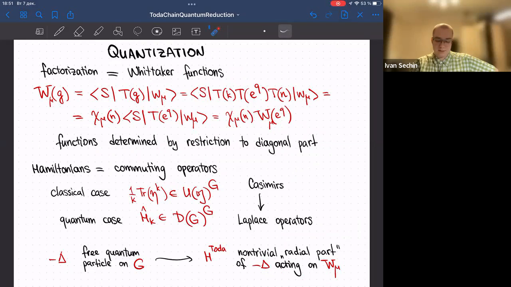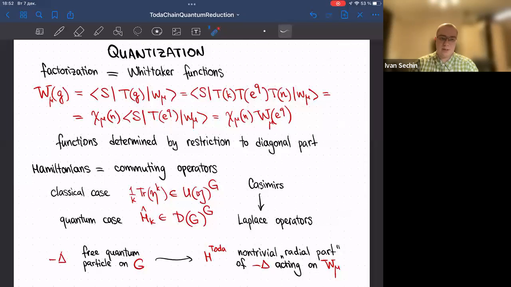Well, and now in the classical case, we had these Casimirs, but now instead of Casimirs, we use Laplace operators, which are invariant differential operators. How can we obtain them?